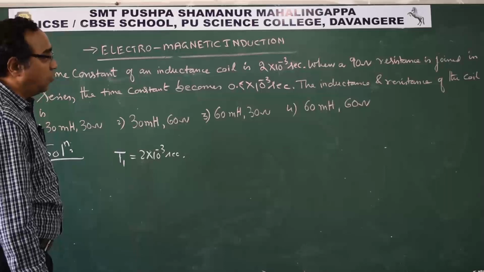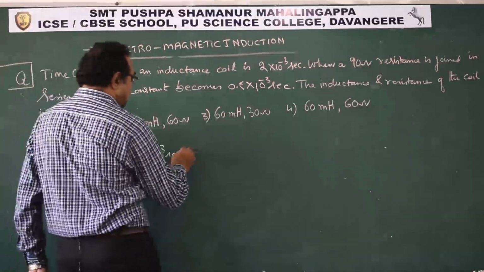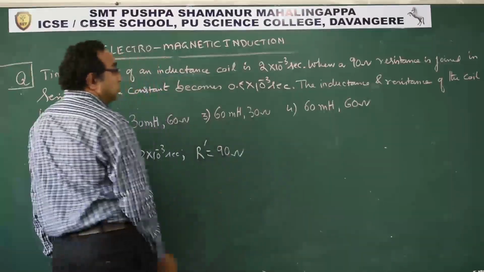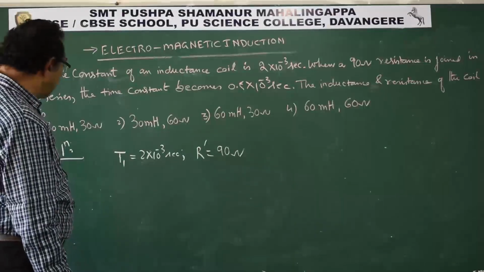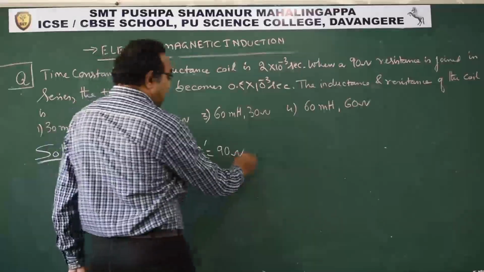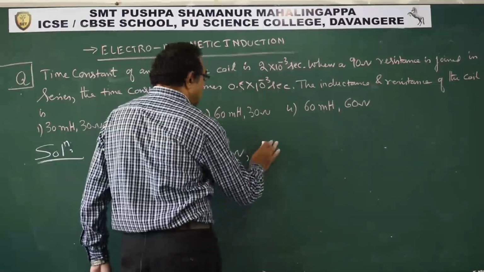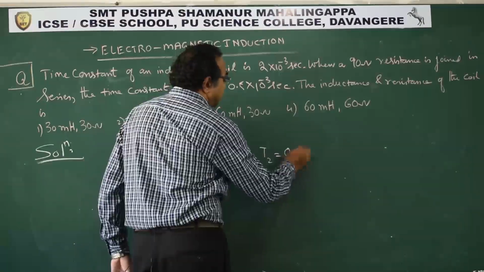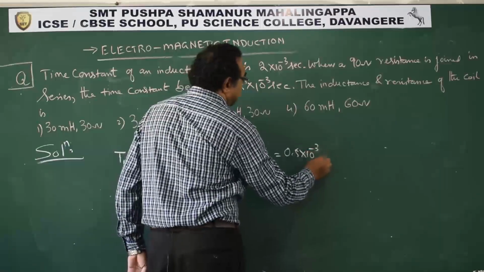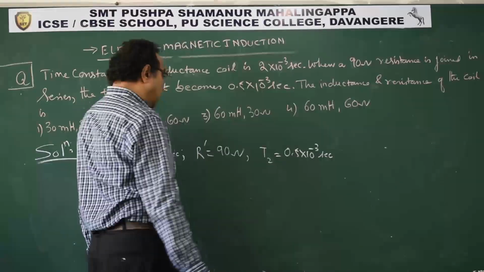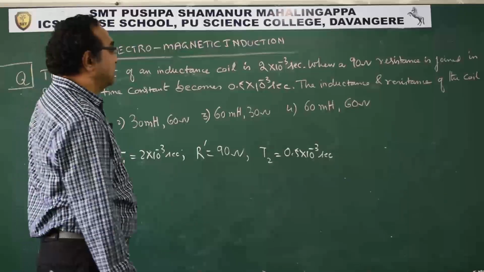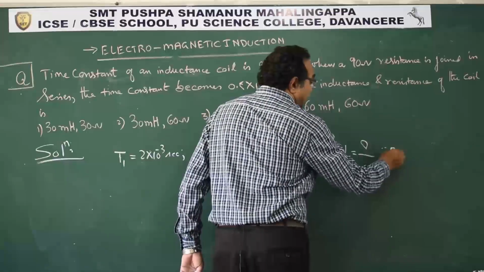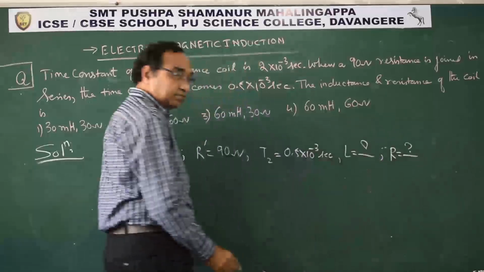When a 90 ohm resistance is joined, so R dash is 90 ohm, in series, the new time constant, let us say T2, is 0.5 into 10 power minus 3 seconds. So we are asked to find what will be the value of L and what will be the value of R. This is what is asked.